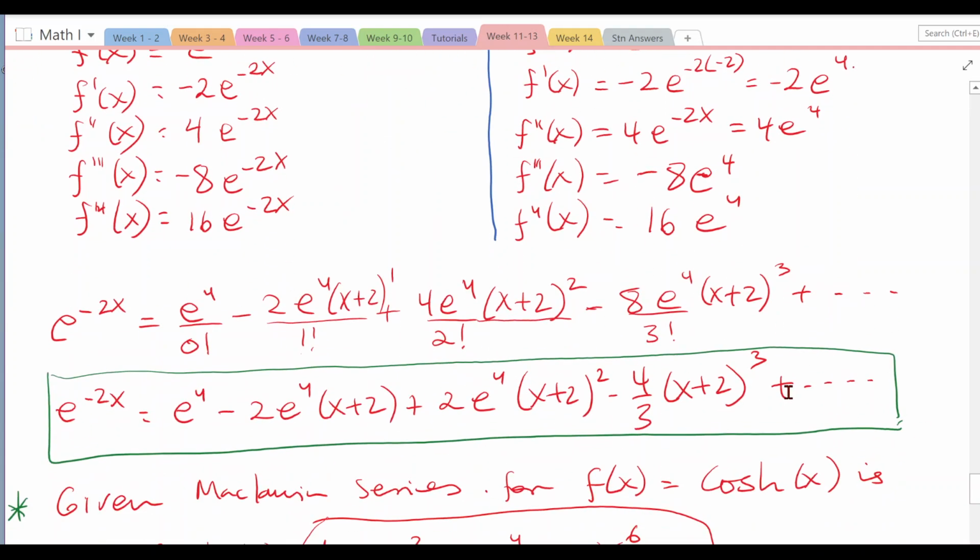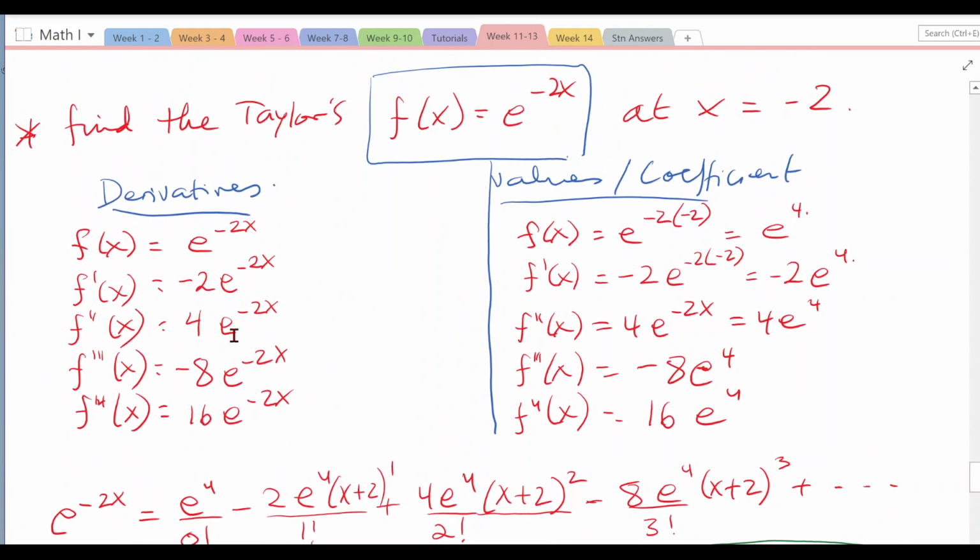So we start the Taylor expansion of the function e to the negative 2x. The zero term, if you like, is the coefficient multiplied by x minus negative 2, which becomes x plus 2, to the power of 0. To the power of 0 equals 1. So the first term here is actually e to the power of 4 based on here.